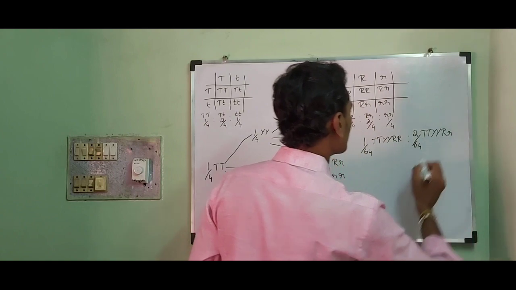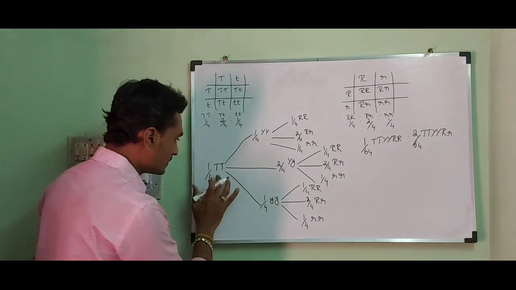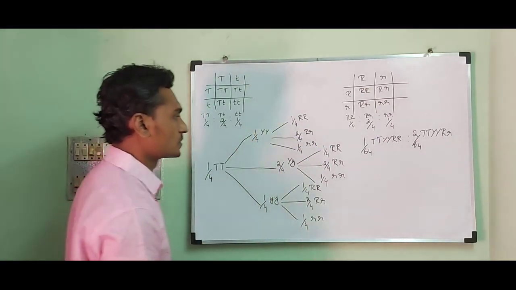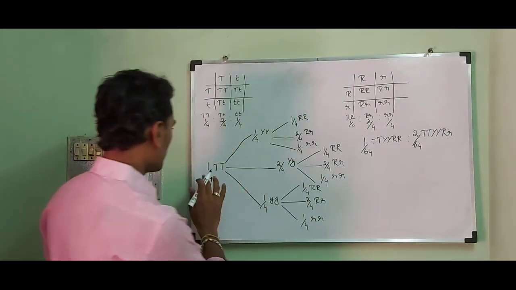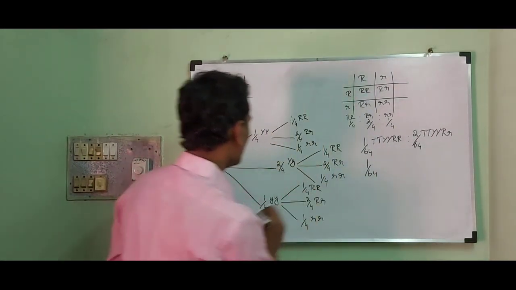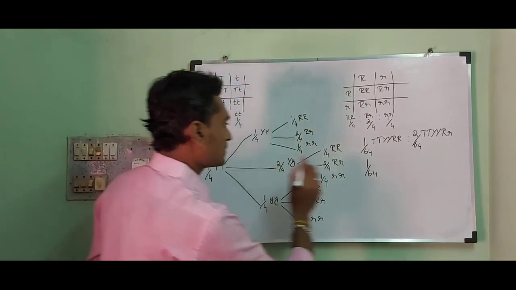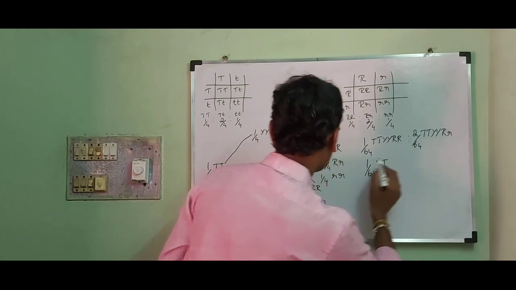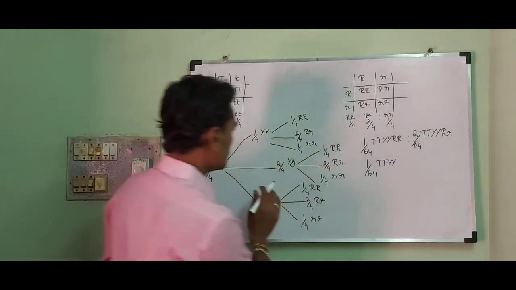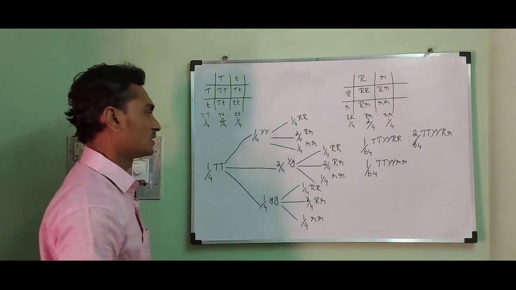Then I am going to multiply this value with this value, again with this value. So it results in 1 by 64 capital T capital Y small r.